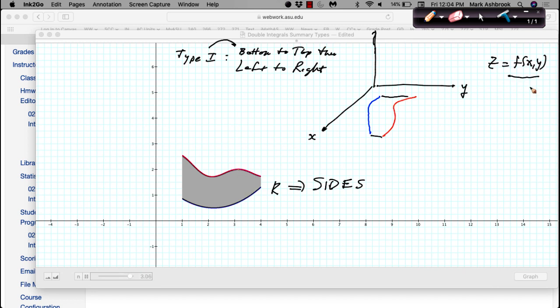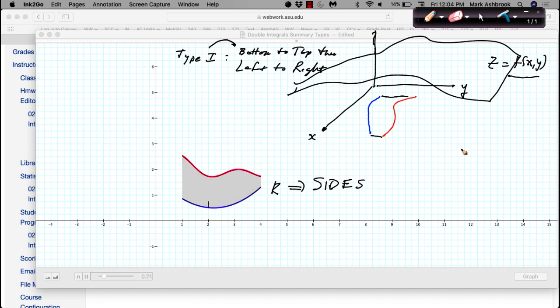So in geometry, I have some function f that lives, it's a surface, right? A surface in R3. And we only care about the points of that surface inside the region. Whatever this is.